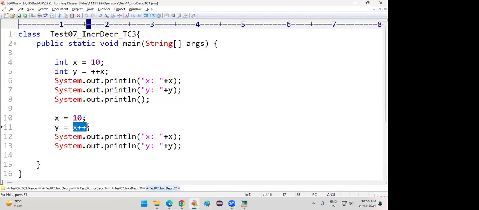X plus plus means what? Increase the x variable value. When? After reading. But the x value should be increased, no? What is the y value? Everyone is using your eyes; no one has drawn memory.